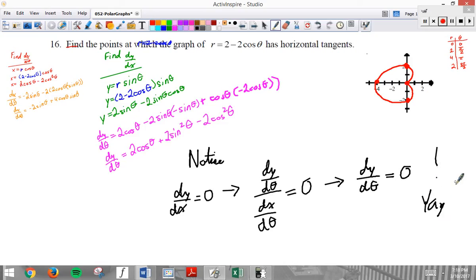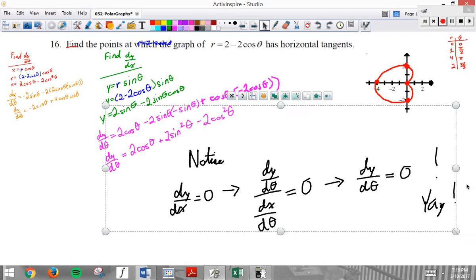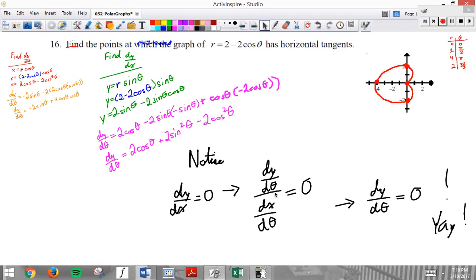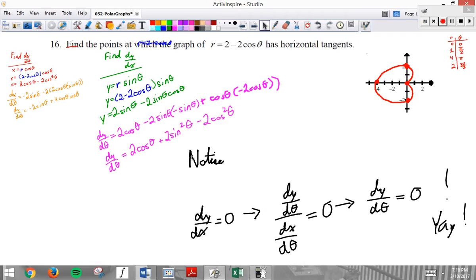Yay. So we just have to set this equal to 0. We didn't need to find that. I want to go through it again just so you're familiar with the process. That's a major yay. You should be ecstatic about that. I know I was when I wrote it.